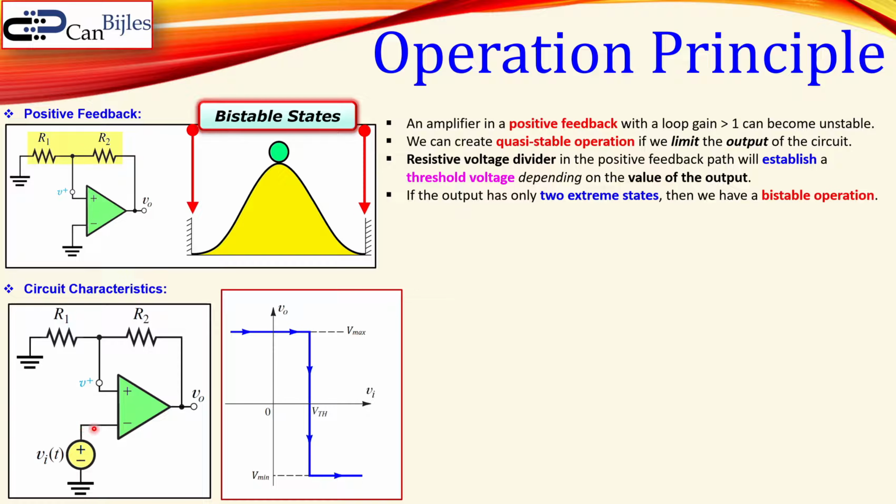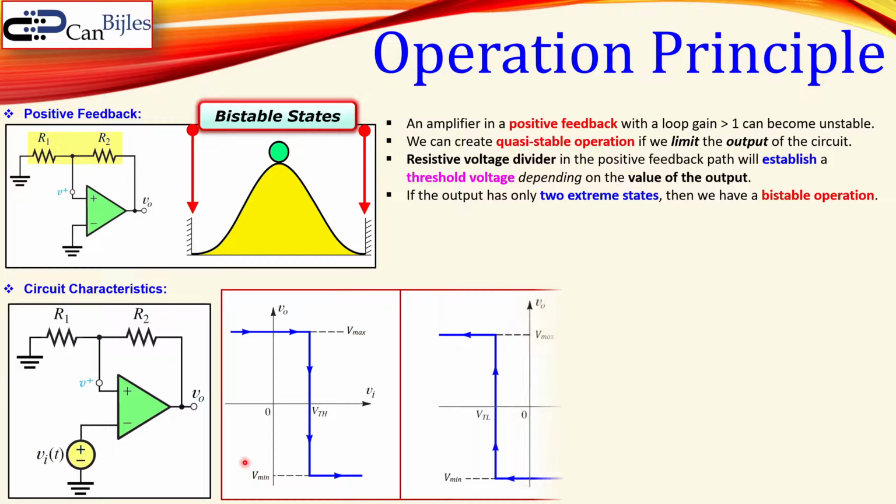At some point we approach a value which is larger than this voltage, because there is some voltage here, let's say 15 volts, and by this voltage division, let's say we have here 4 volts, just an example. And if I approach 4 volts and go larger than 4 volts, that means I have a threshold here. Then I go down because this is now larger than that one. And the op-amp creates now a clamping to the most negative output voltage, which is then V minimum.